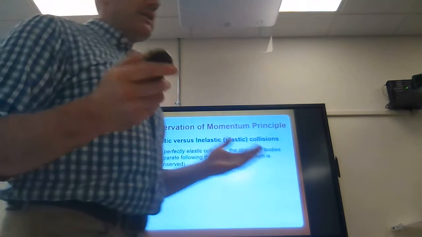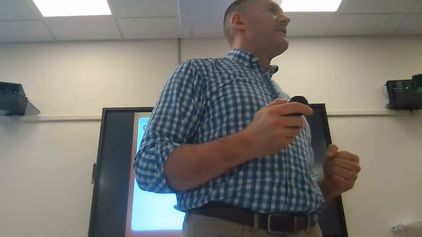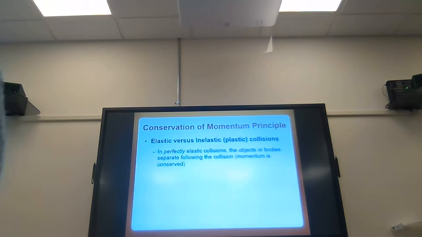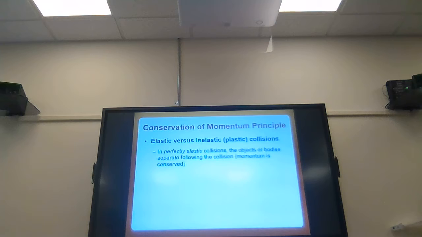So we can look at collisions on a spectrum. We can look at collisions where there's 100% conservation of momentum, where there's no loss of energy or momentum prior to and after the collision. Think of the ball, it bounces to the same height that I dropped it. That's a perfectly elastic collision.